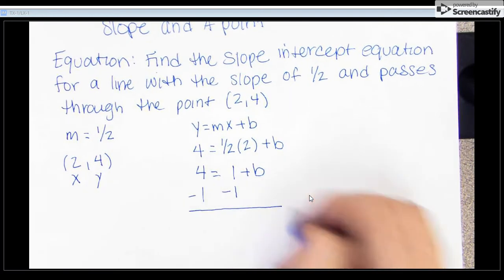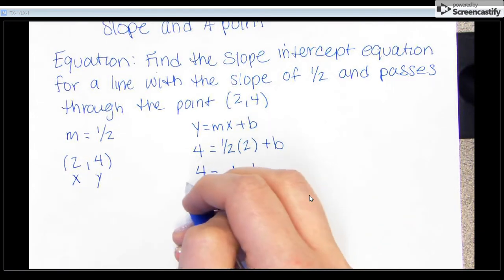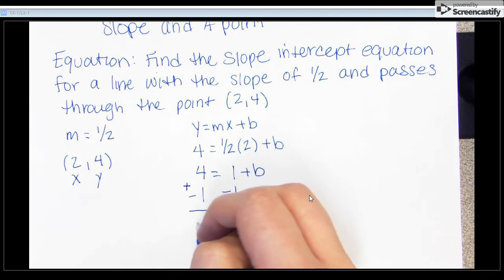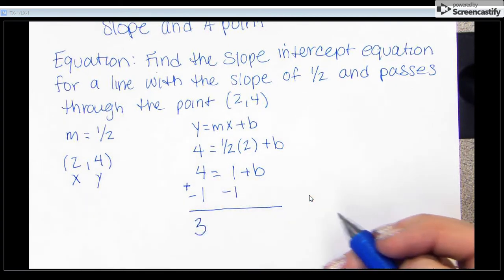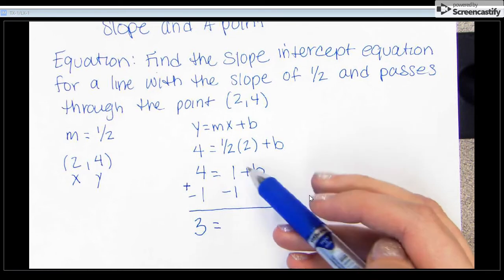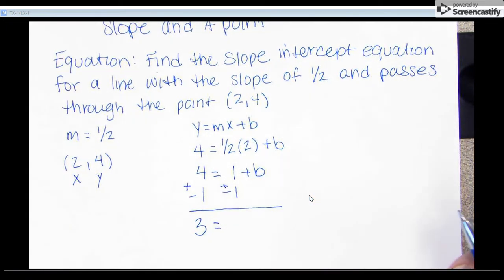From here, I'm just going to add going down. I have 4 plus -1. You can also just think of it as 4 minus 1. And that is going to give me the answer of 3. On this side of the equal sign, I have 1 plus -1, or again, you can consider it as 1 minus 1.